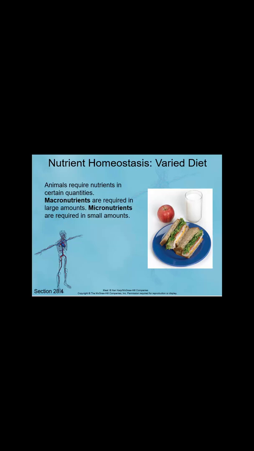The macronutrients, obviously, are the ones in large amounts. Micronutrients are required in small amounts, often trace amounts. Here are some of the essential vitamins and minerals. Most of these are enzymes that we need, certain amounts. Now, some we need in large amounts and some we need in smaller amounts.